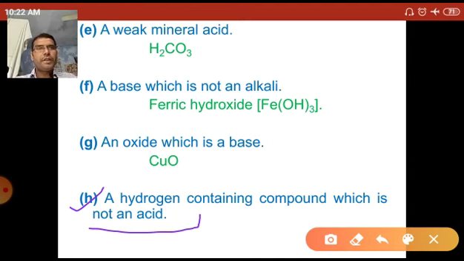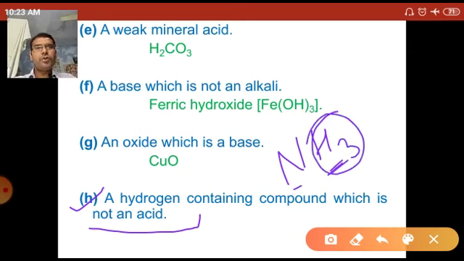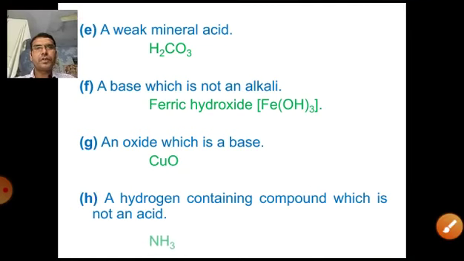A hydrogen containing compound such as ammonia, NH3, does not behave as an acid; it is a base. So here the answer is NH3. NH3 is a base, not an acid, but NH3 contains hydrogen.